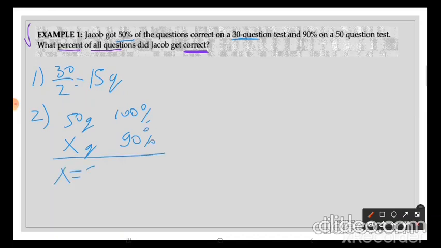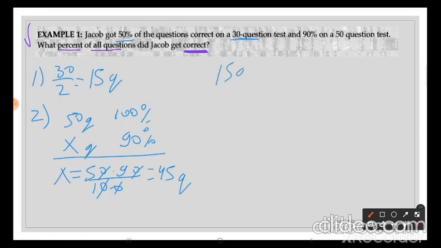X equals to 50 times 90 divided by 100. These cancel, 0, 0 and 0, 0. We have 5 times 9, it's 45. 45 divided by 1 is 45. So 45 questions correct. Now we need to find percent of all questions that he got correct.